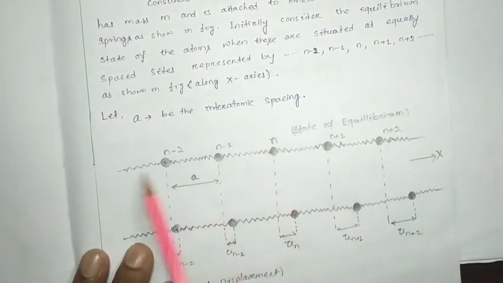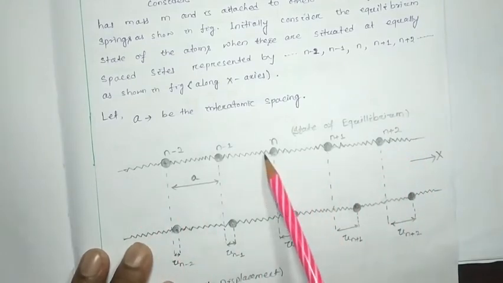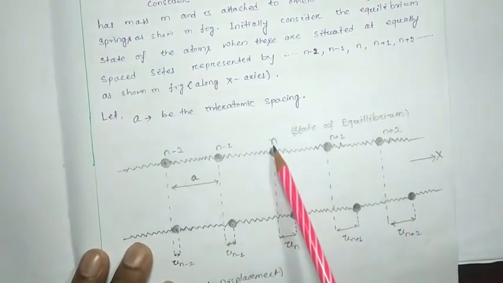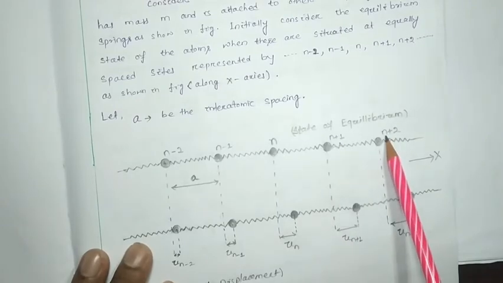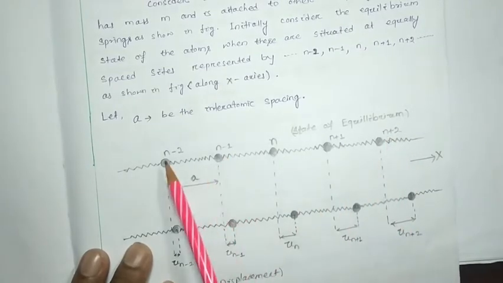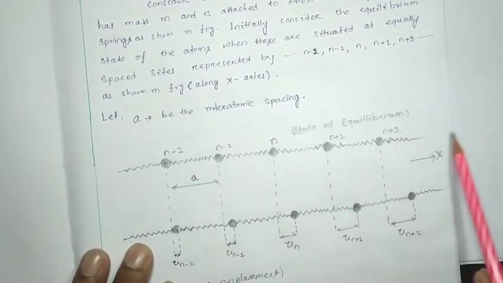Suppose this site is named n, this site is named n plus 1, n plus 2, and this one n minus 1, n minus 2, n minus 3, and so on.